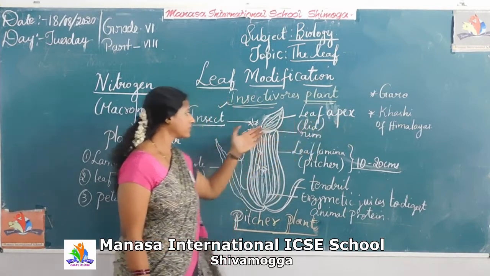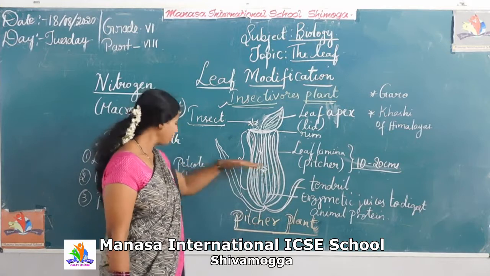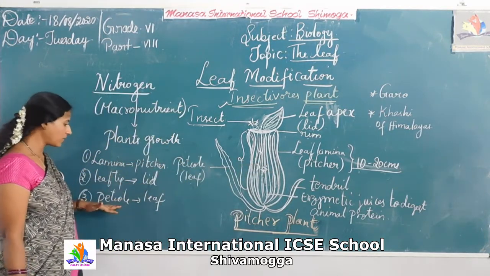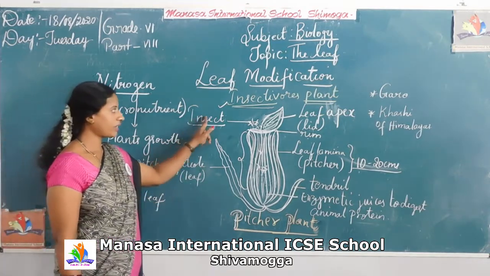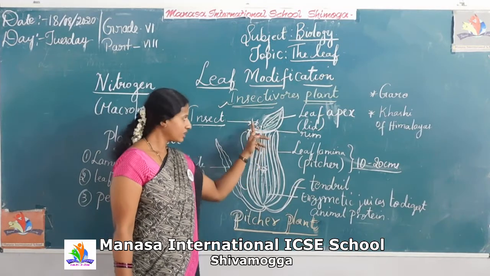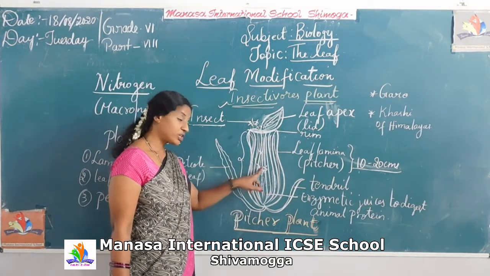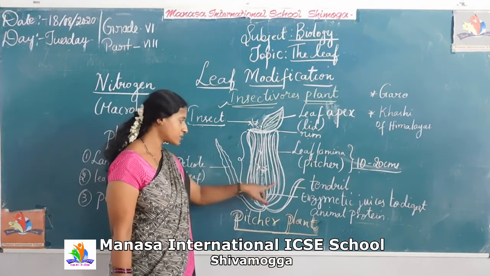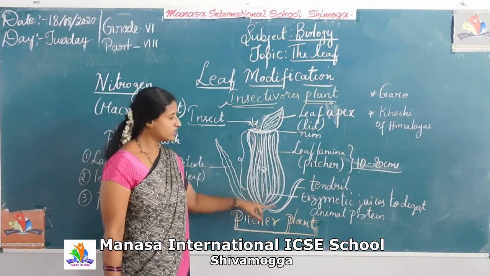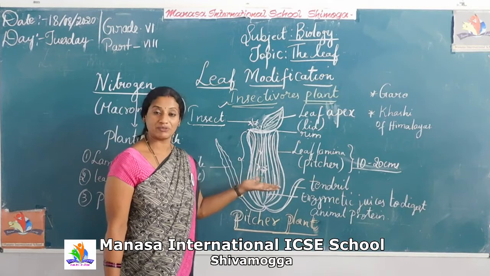So to overcome that, this pitcher has the modifications: lamina into pitcher, leaf tip into lid. When an insect enters and sits on the rim, the lid gets closed. The insect enters, there are enzymatic juices here which dissolve the animal protein, and this plant extracts the nitrogen for growth and development. So this is the complete mechanism of how the leaf functions.